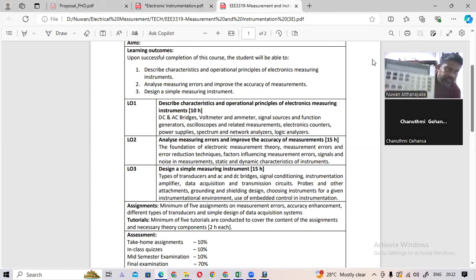Maybe you have used this one, okay? So we can get several types of signal: sine signal, sawtooth signal, triangular signal, square signal, okay? So we can get different types of signals, okay?